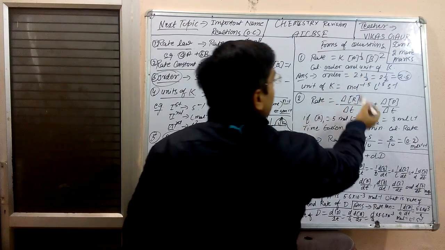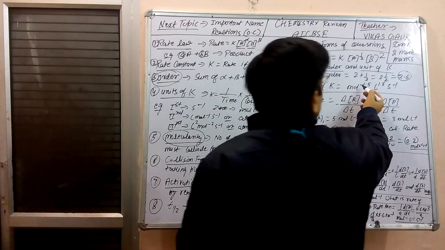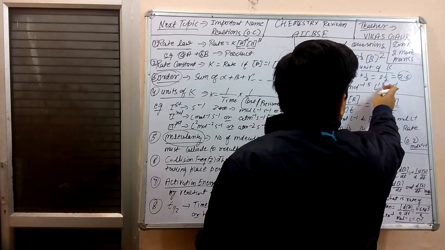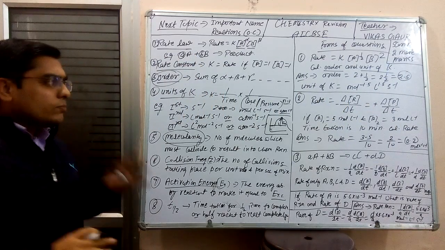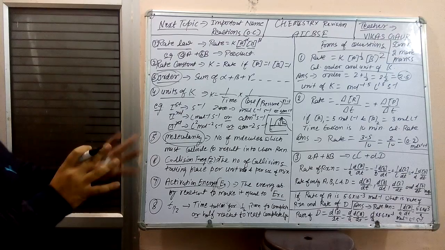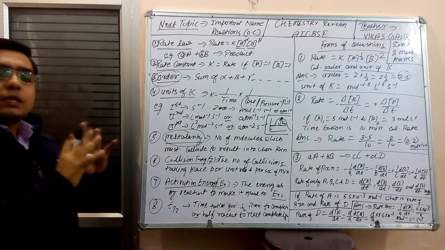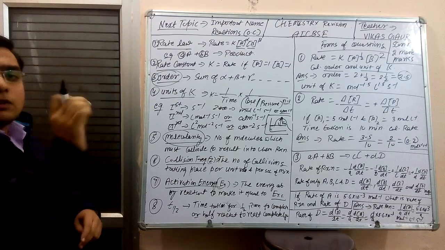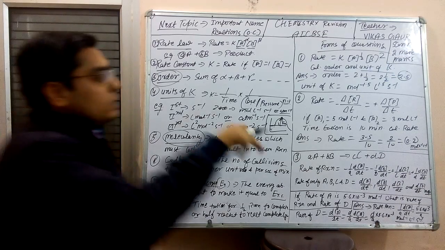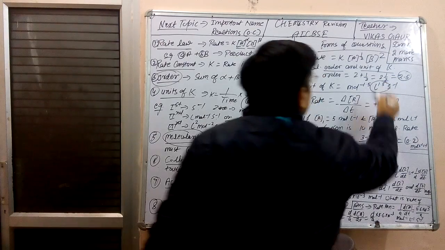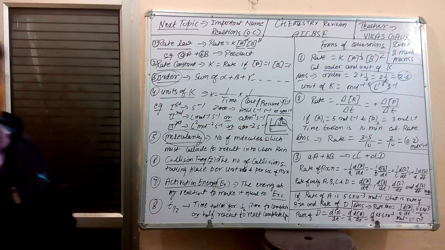The unit of K will become mole inverse liter 1.5 and second inverse. Simply, if you are given some unit or you are given rate constant K, this one moles per liter or whatever, then how to find the order in reverse? Order is equal to the power of liter plus 1.